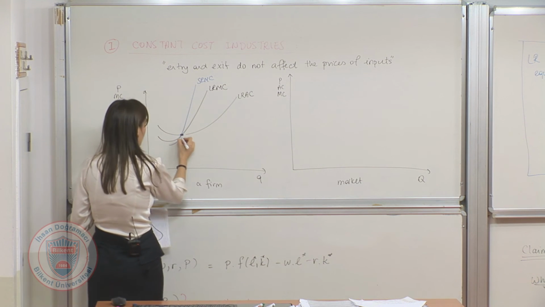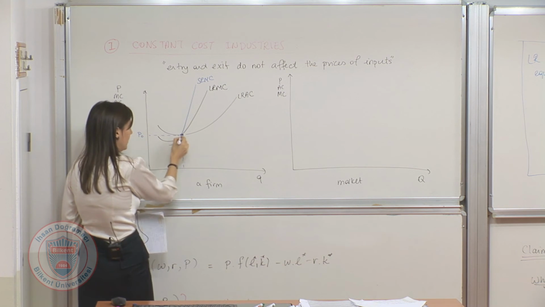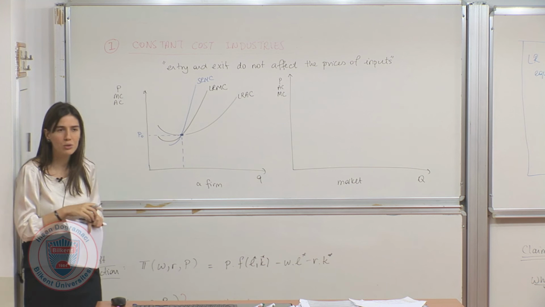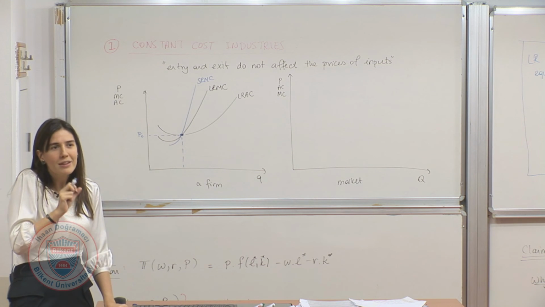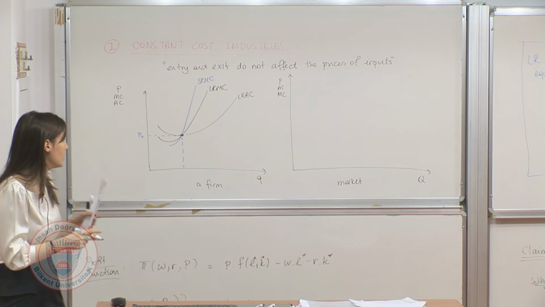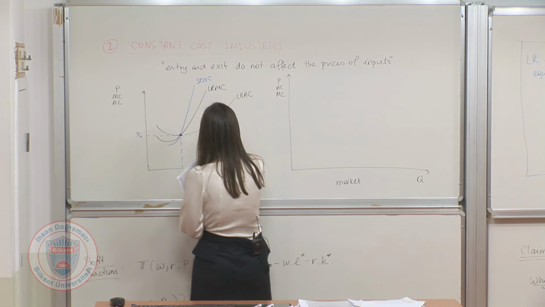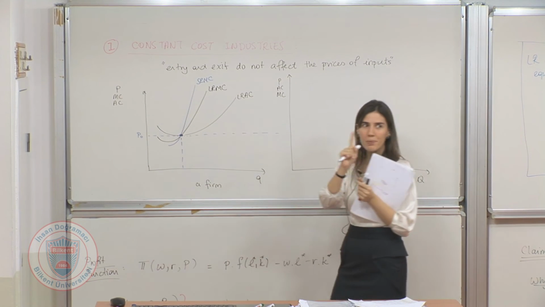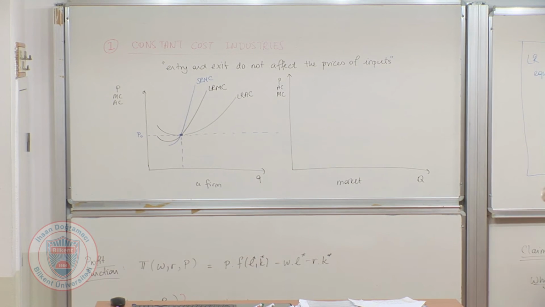Now, how can I call this minimum point? So I'm going to call this P0. Do you think this is an equilibrium? What is this? Right? If it's the initial, what is the initial long run equilibrium? If I also want to draw the market, I should be careful. I should get that price because I know that the price in the market should be P0, right?